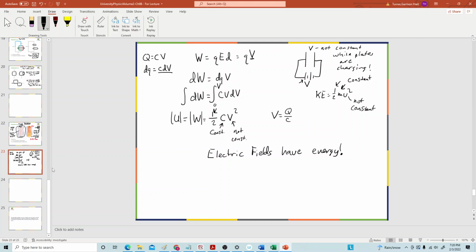So if you insert that definition, this is equal to 1/2 Q squared over C. Okay, so these two forms are exactly the same. They give you the exact same amount of energy.